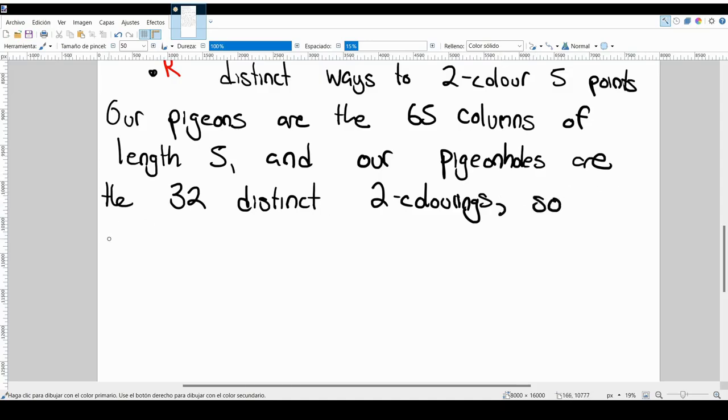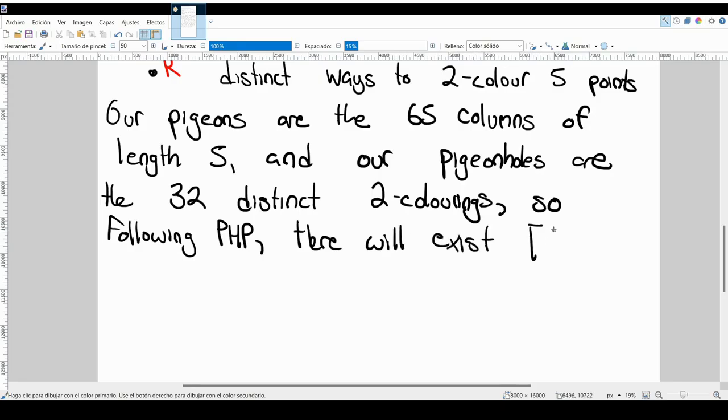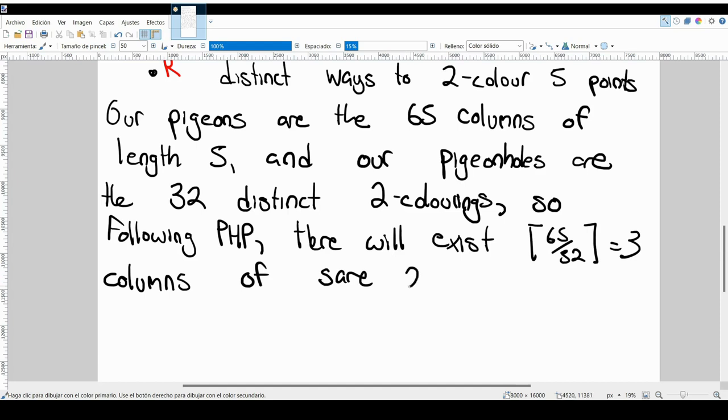So, following the pigeonhole principle again, there will exist 3 columns of the same 2-coloring pattern.